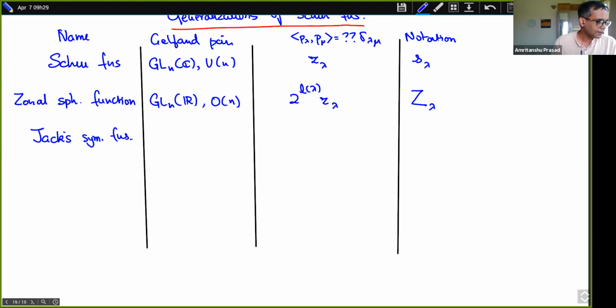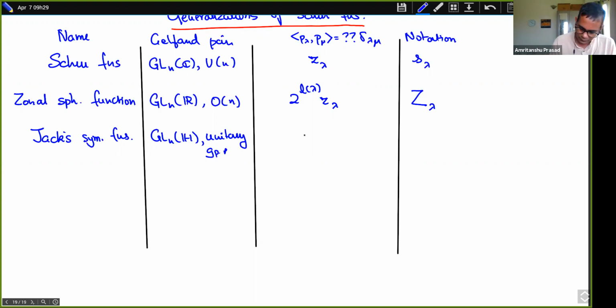These come from GL_N of the quaternions and some sort of unitary group of the quaternions.